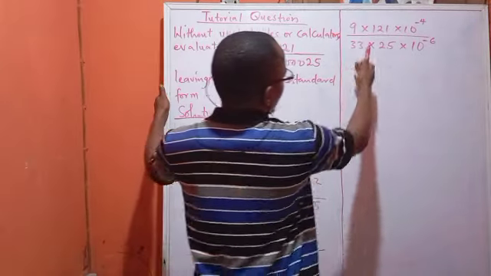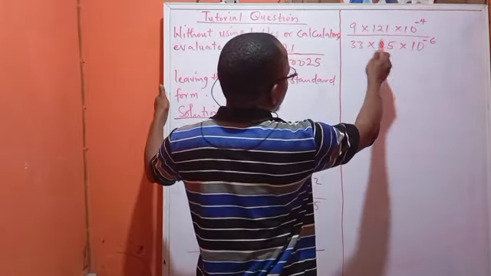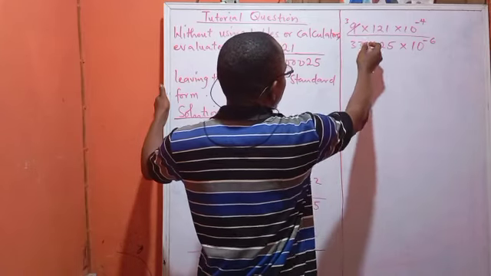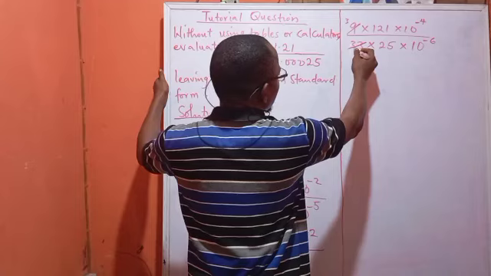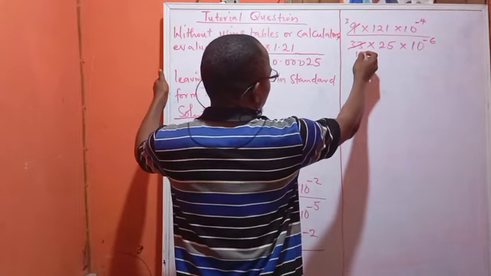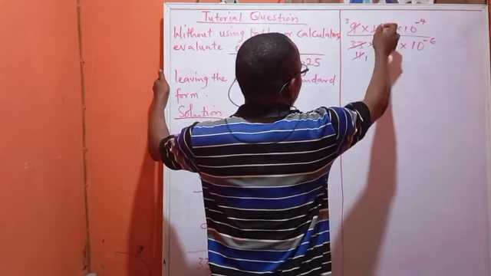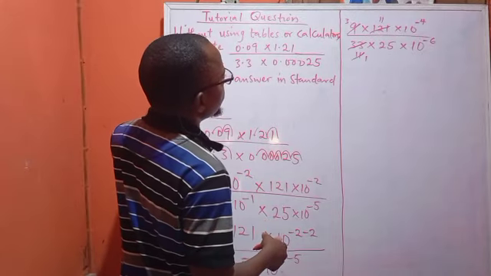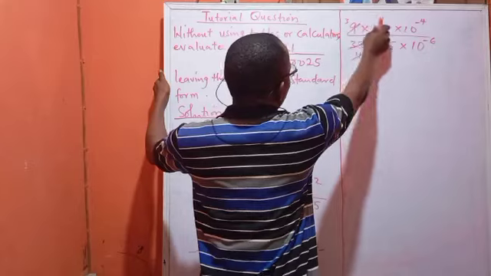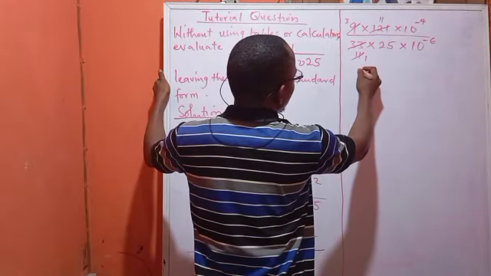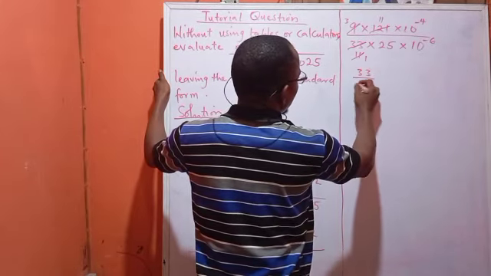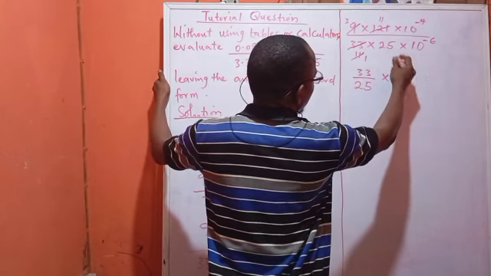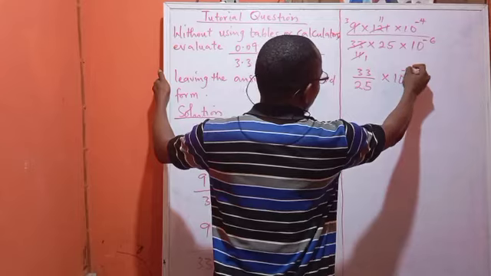Okay, so what can divide? 3 in 9, 3; 3 in 33, 11; 11 in 121, 11. Can anything divide? No. So 3 times 11, that's 33, over 25 times 10 raised to power minus 4.